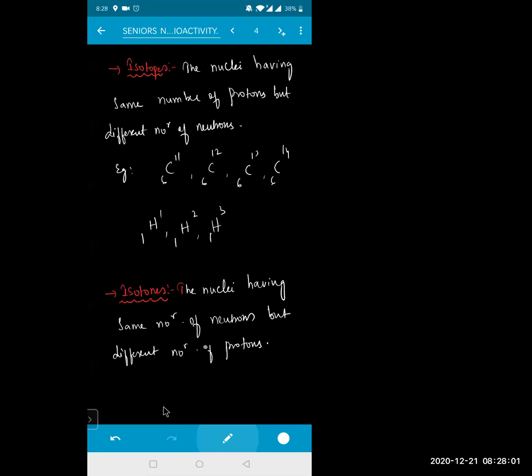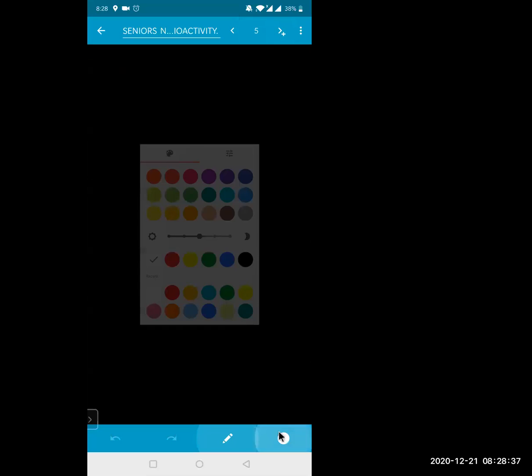Example: carbon 6-14, oxygen 8-16, fluorine 9-17, atomic number 9, mass number 17. The number of neutrons is the same: 14 equals 9 plus 6, 14 equals 6 plus N. So the N value is the same for all the given nuclei, with a different number of protons.